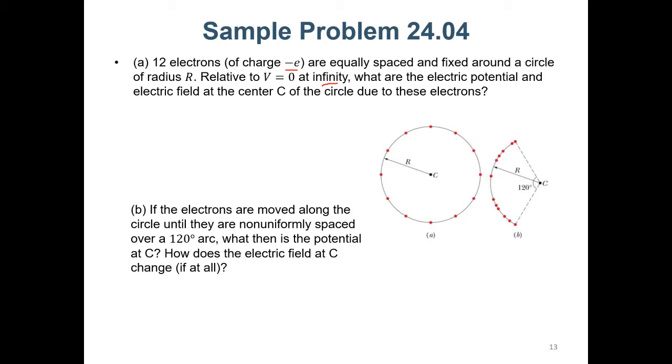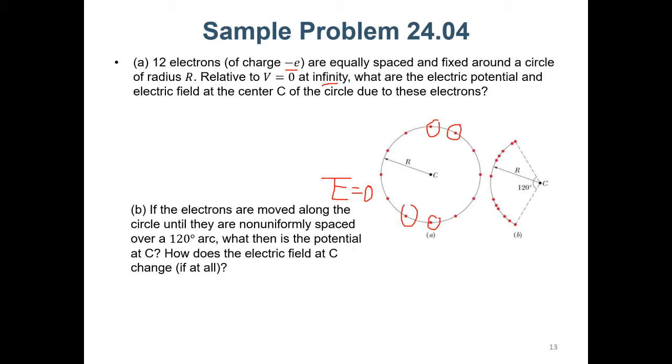Okay, for the E field it is simple. E should be 0, because this one will cancel with this one, will cancel with this one, etc. So all of the E field will be cancelled.